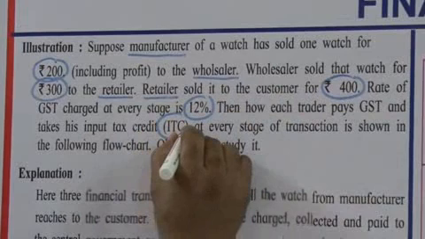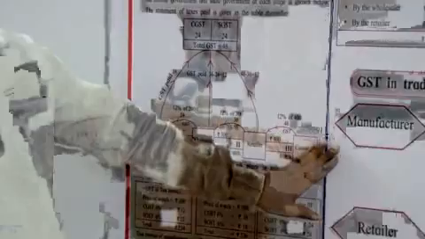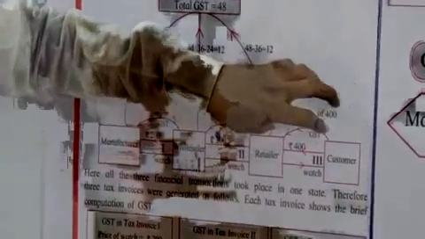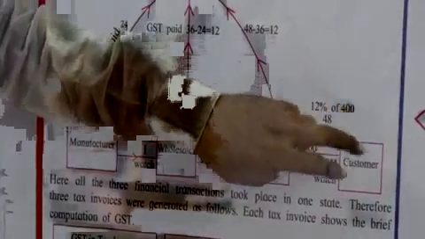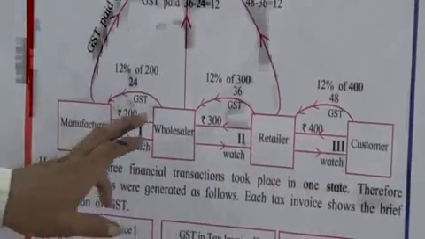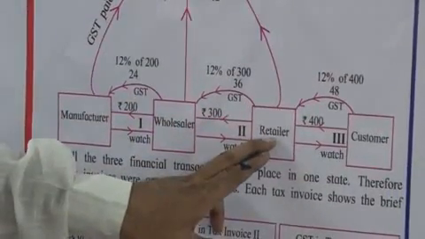This is just the final transaction and this much amount must be paid by the customer because the last link of this transaction chain is the customer. Therefore 48 rupees is collected as GST from the customer, not by the manufacturer, wholesaler or retailer.